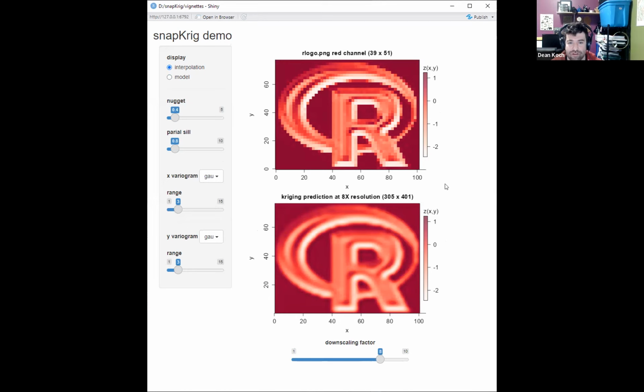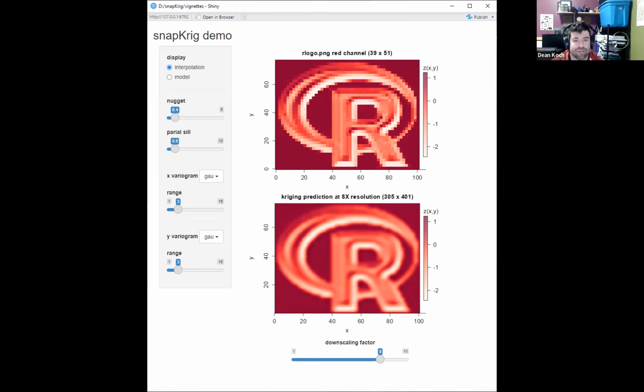And so now we're interpolating, increasing the resolution and estimating the in-between values using this Gaussian process model. Is the Gaussian process a good model for the R logo? Probably not, but this shows what the package does and how the predictions are related to the covariance parameters.